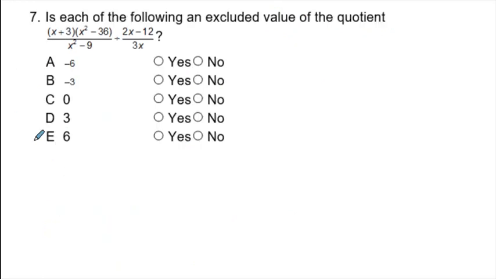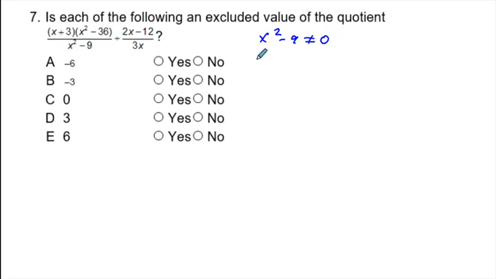Next, we go to problem 7. Is each of the following an excluded value of the quotient? To find excluded values, we take our denominators. So we know that x squared minus 9 cannot equal 0.